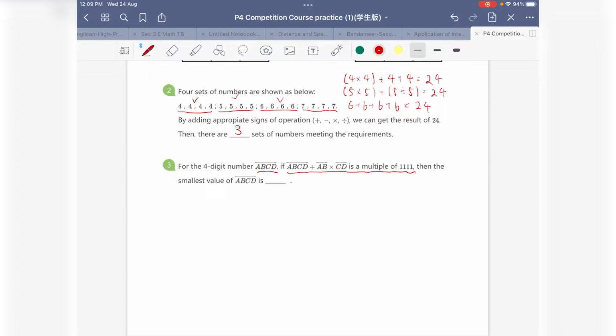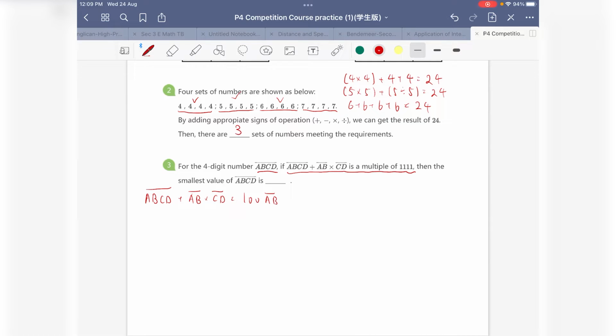ABCD plus AB times CD looks very complicated. I want to try to simplify it as much as possible, maybe in terms of just AB and CD only. Let's take a look at how we do this. We have ABCD plus AB times CD being equal to 100 times AB.